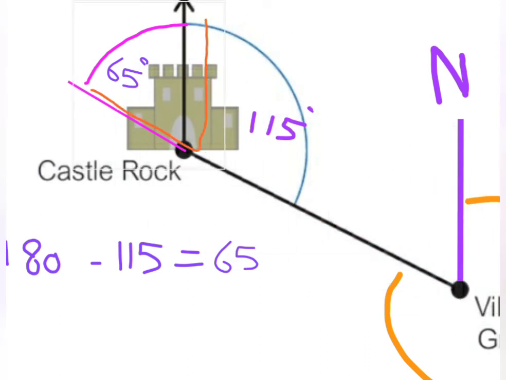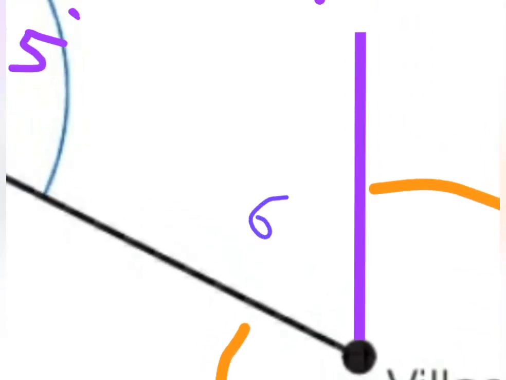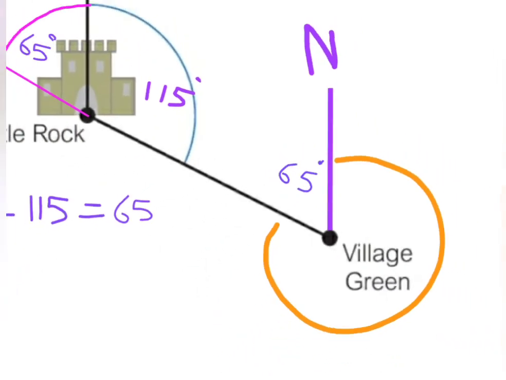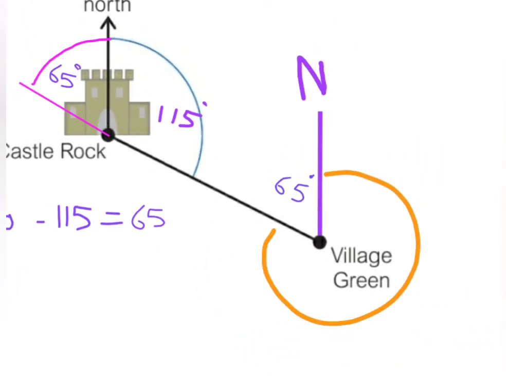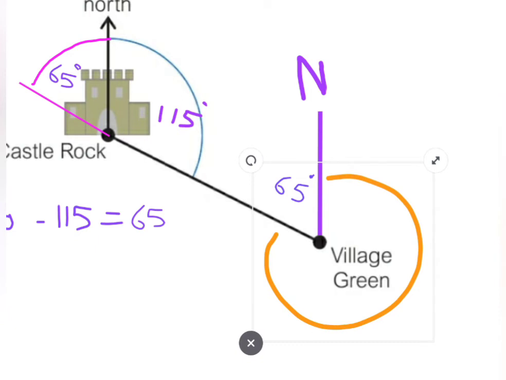Because they are corresponding. Corresponding angles are equal. So if this is 65, it means that this one is 65. So I'm going to write 65 here. Good. Now, after finding this angle, I can find the bearing angle from Village Green.